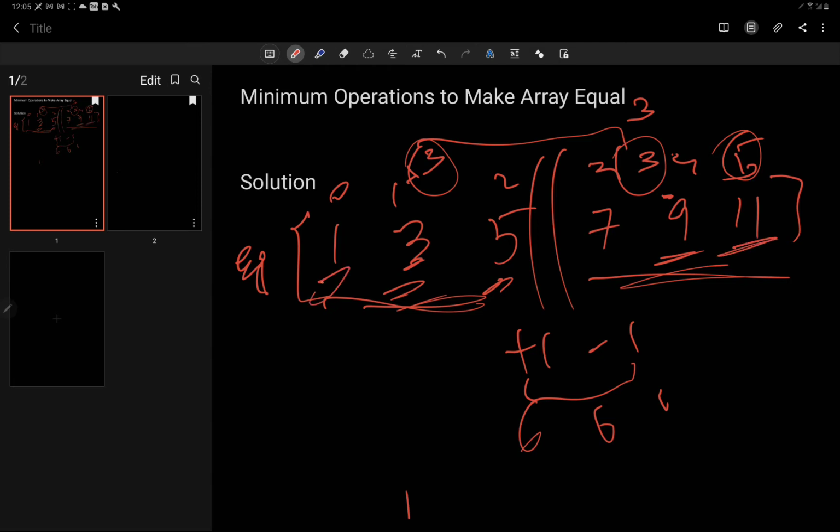And similarly for this 5: 5 operations, so 1 plus 5 is 6, and 11 minus 5 is 6. I hope a little bit of the approach is clear. Let's see how we are going to solve it.